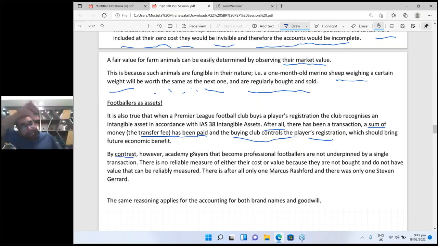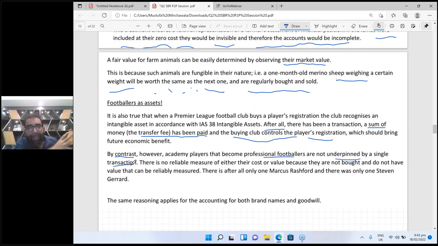But by contrast, academy players. My own academy, I am a football league club, I have my own academy. However, academy players that become professional footballers are not underpinned by a single transaction. You cannot calculate the cost, because you have 1,000 students.